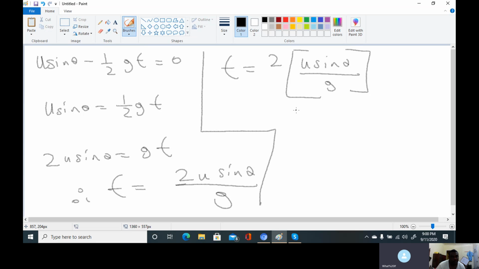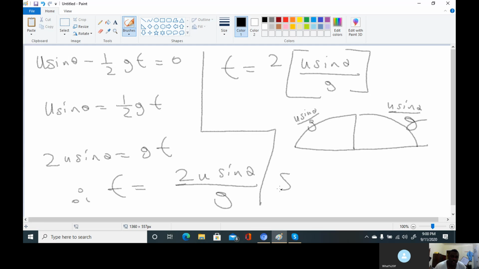Oh, you didn't have the two there. Yeah, exactly. You know what this is now? If we draw now, from here to here is u sine theta over g, and then this other half here is also u sine theta over g. This is proof that projectile motion is symmetrical.